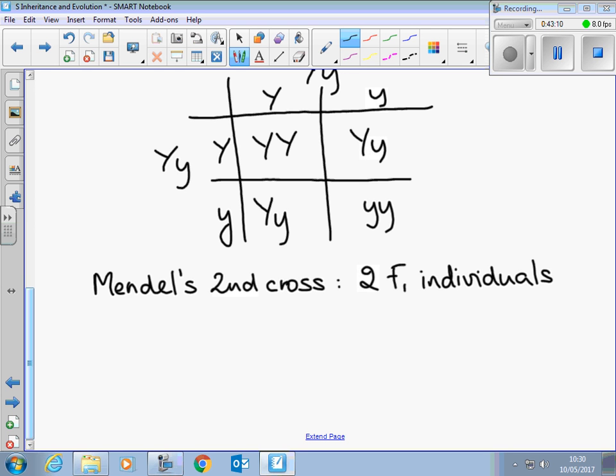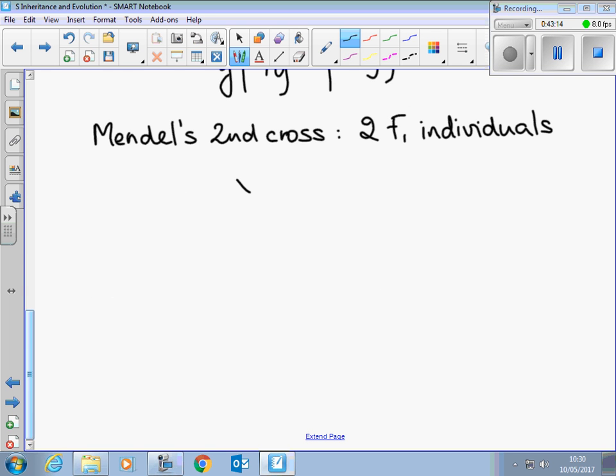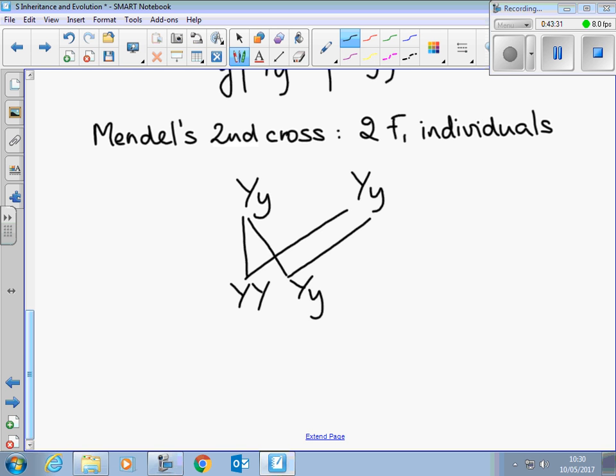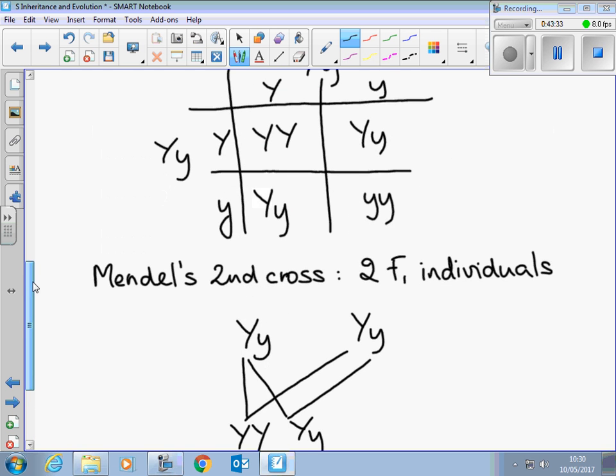So hopefully you can see what we're going to get this time is if we take our two heterozygous yellow individuals, we get the same process, and it is a bit bad leaving out the gamete layer in this. Oh, that's what I just drew.